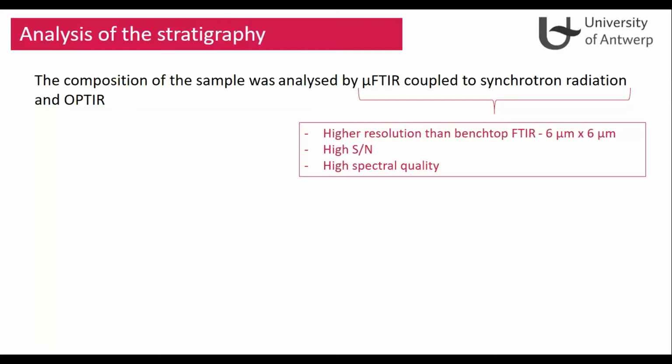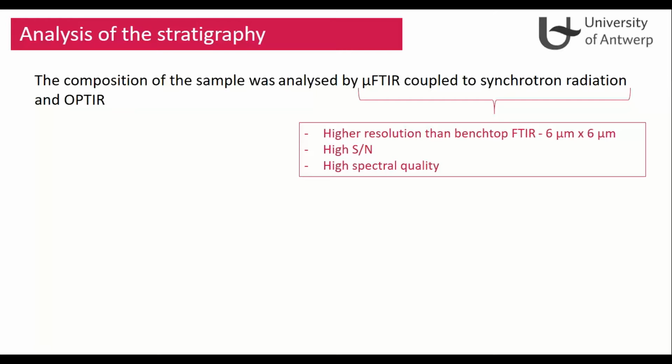To make this analysis, we did first a multi-technical study using micro-FTIR coupled with synchrotron radiation, and O-PTIR. We use synchrotron IR because it's one of the techniques that has higher resolution.